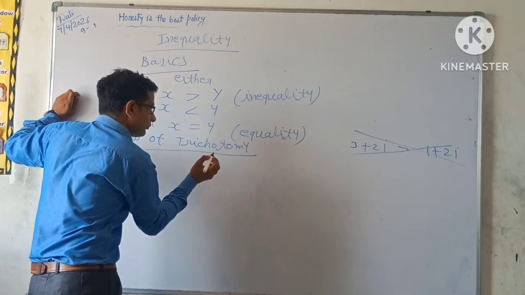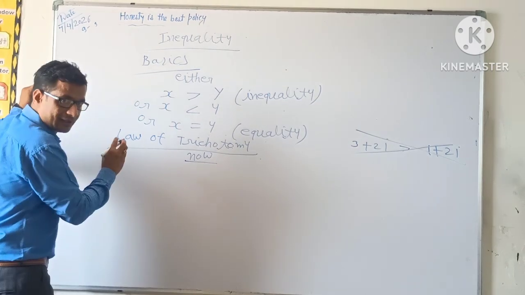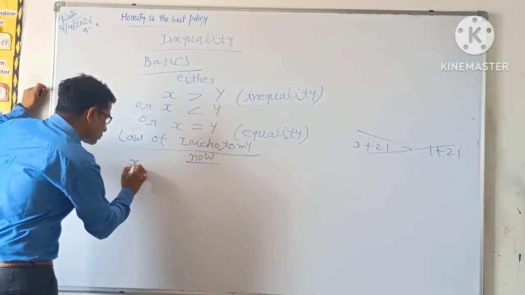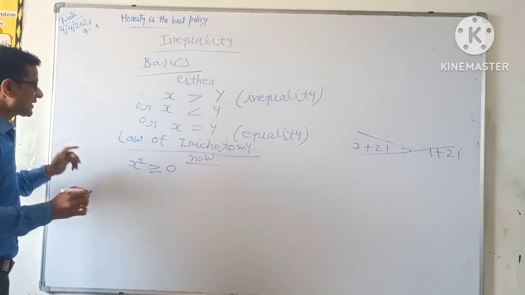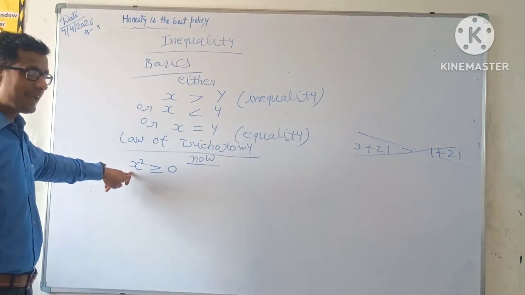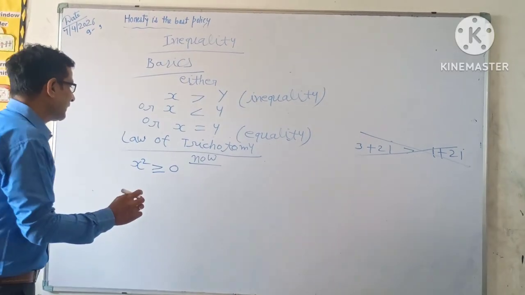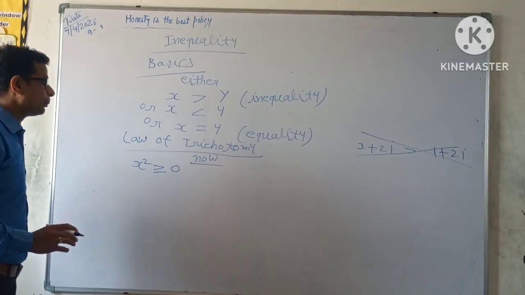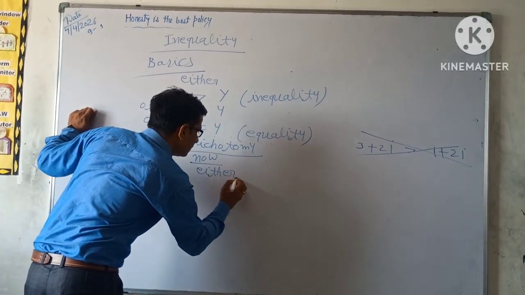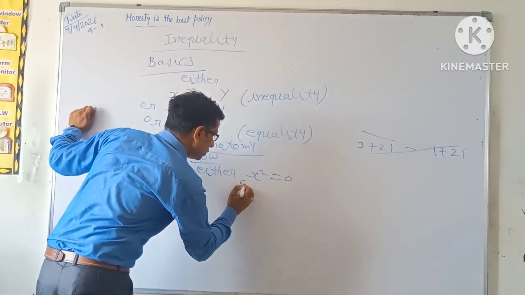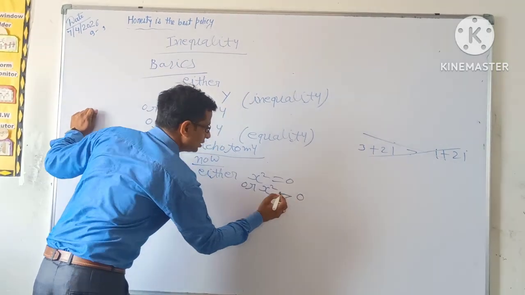Now, if x is a real number, then x square is always greater than or equal to 0. You can take any real value of x, and x square is always greater than or equal to 0, meaning either x square is equal to 0 or x square is greater than 0.